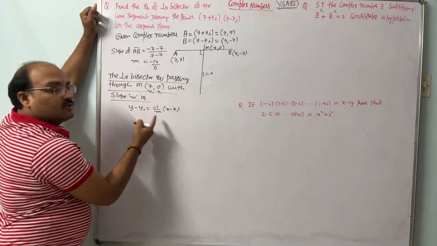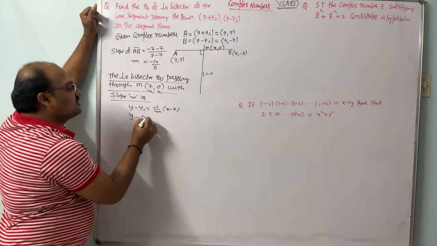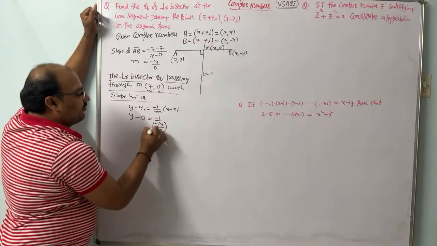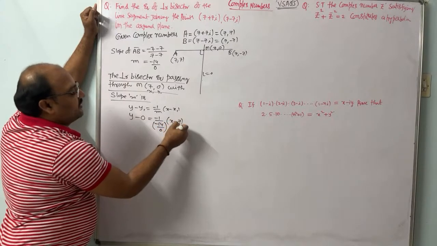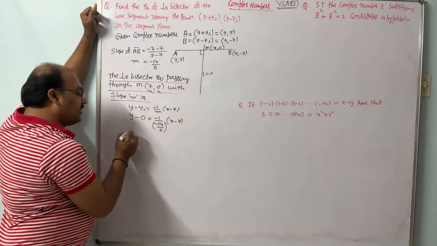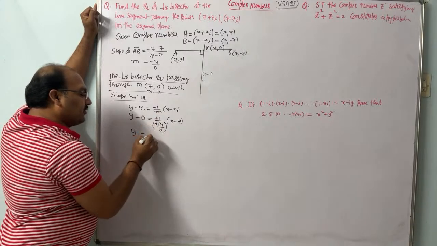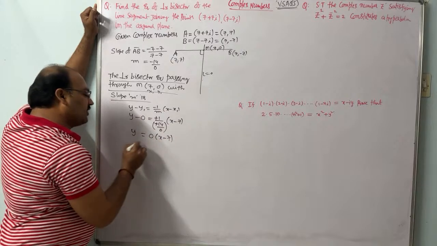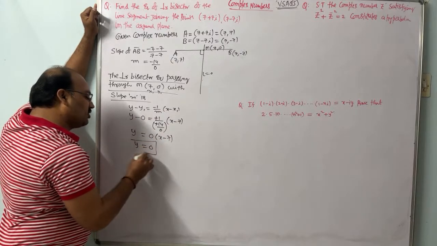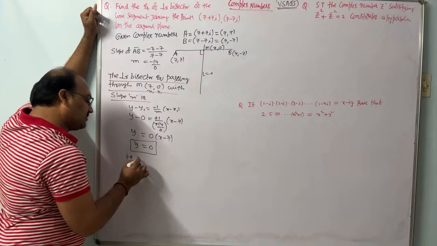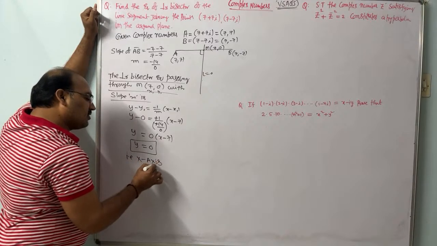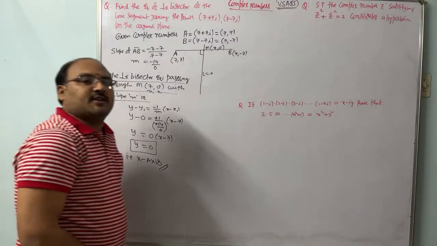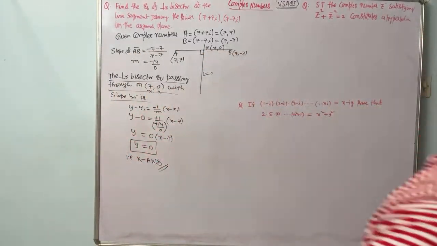That's why I am taking minus 1 by m, dear students. y minus 0 equal to minus 1 by m, with m value minus 14 by 0, into x minus 7. The denominator goes to the numerator. y is equal to 0 into x minus 7. 0 into anything is 0. y is equal to 0. So y is equal to 0 means what? That is the x-axis. So the perpendicular bisector equation is y is equal to 0, that is the x-axis. I hope everyone understands.